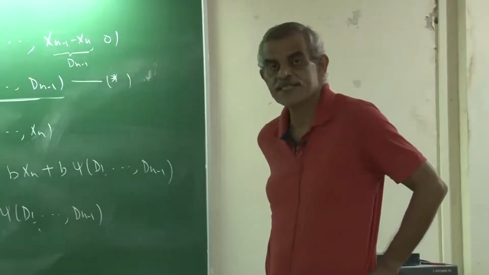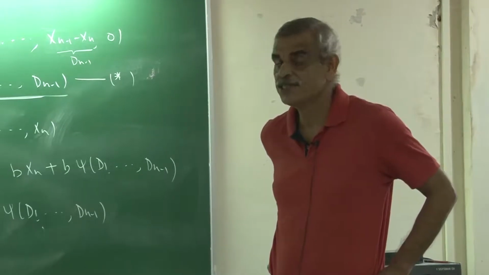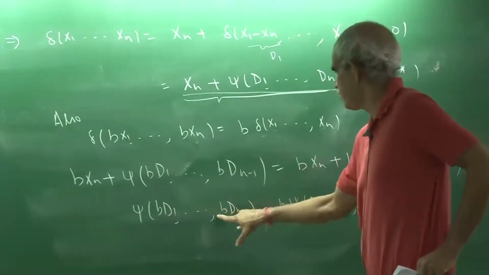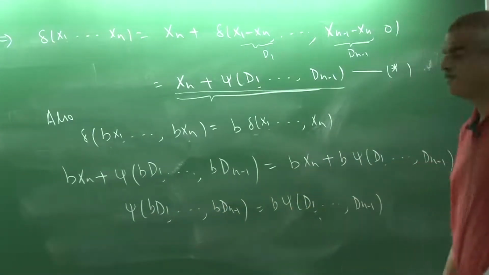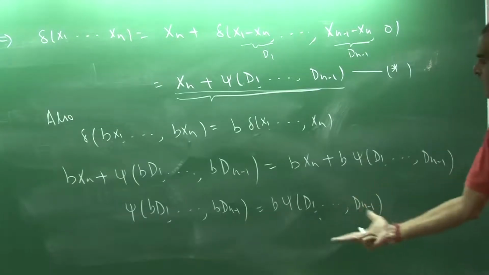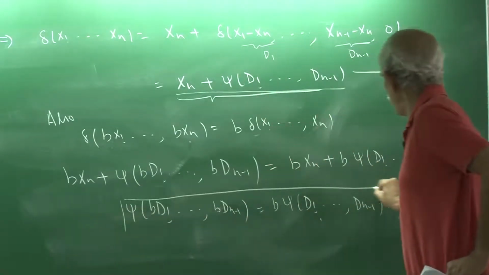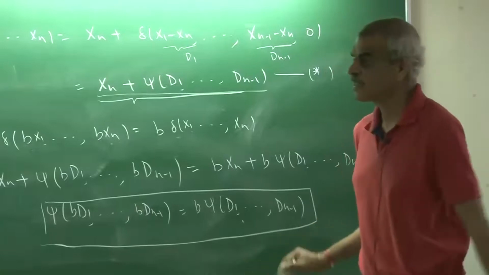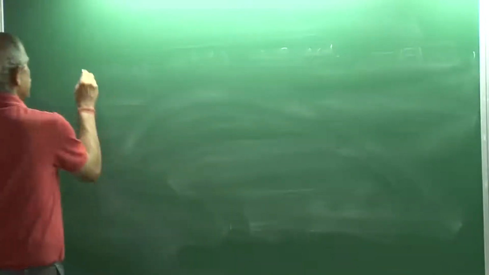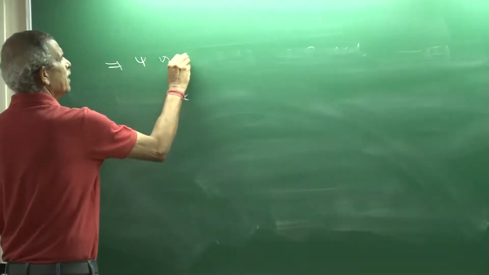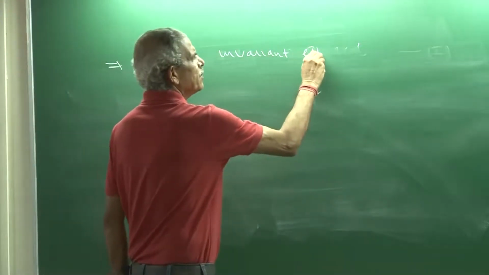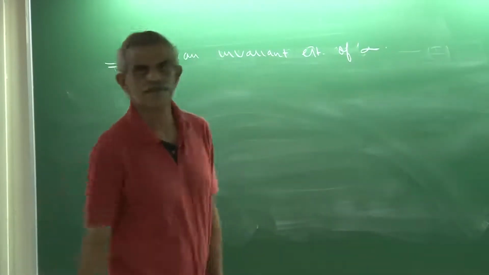But now recall, what was the structure of a scale invariant estimator when you are estimating sigma? When you are estimating sigma to power r, it was psi of b d1, b dn minus 1 is same as b to power r psi of d1, d2, dn minus 1. So it is exactly the structure of any invariant estimator of sigma. So that means this psi is some invariant estimator of sigma.